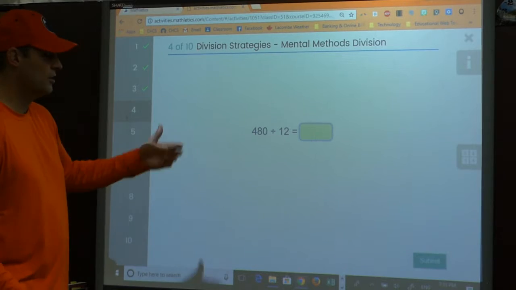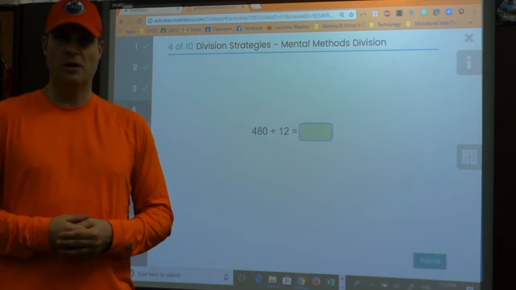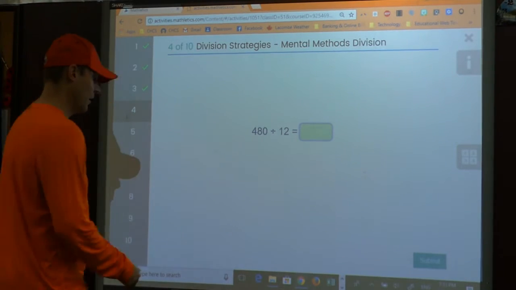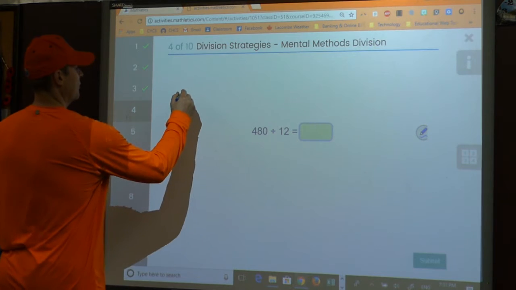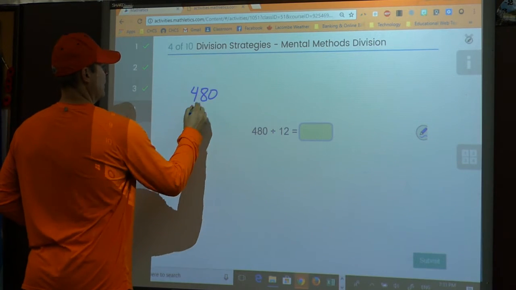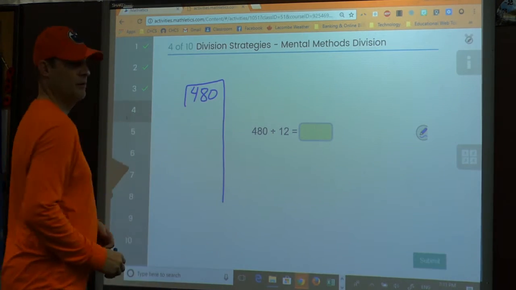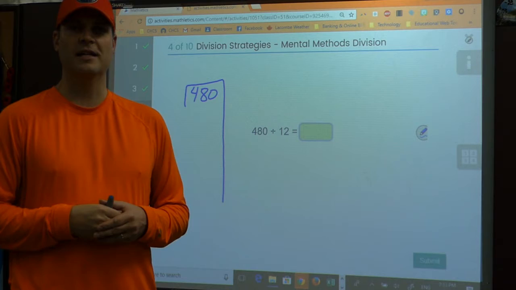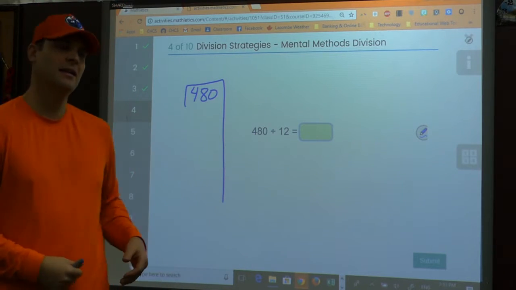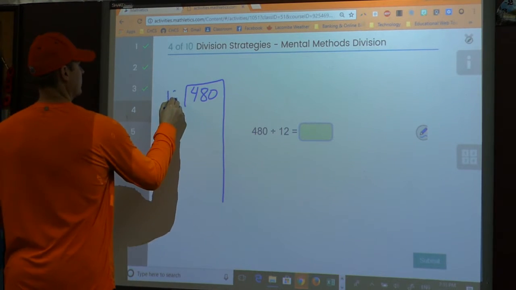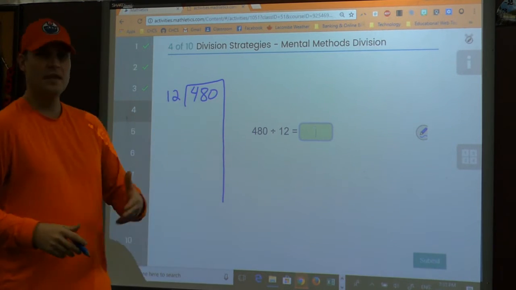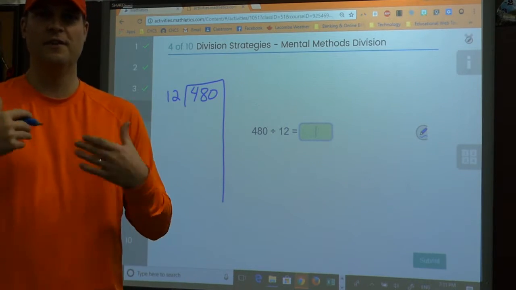So we're looking at the question 480 divided by 12 and how that might work. We first place our 480 into our strange little box that we've created, and we're dividing it by 12. So again, what we're thinking is how many 12s can fit into that number?